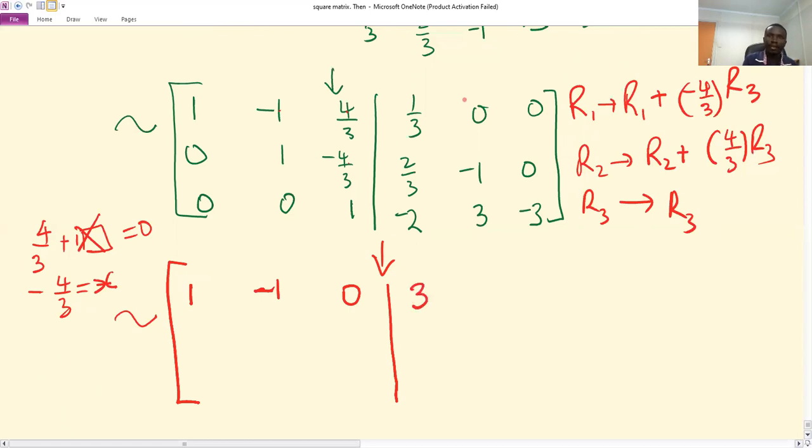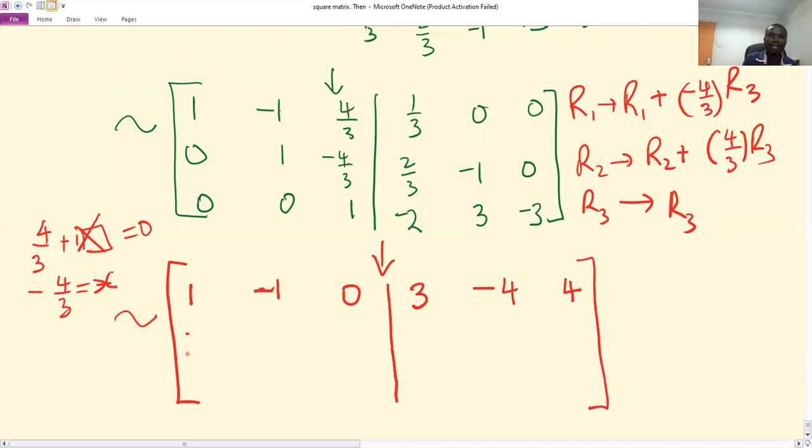And then 0 plus minus 4 over 3 times 3. I get minus 4. And then this is 0 plus minus 4 over 3 multiplied by minus 3. So that would give me positive 4. So that's the first row.